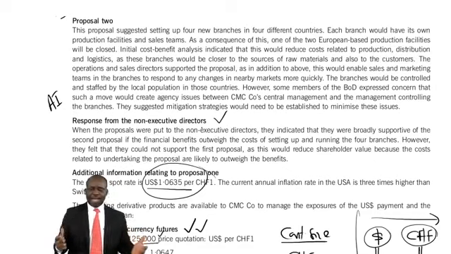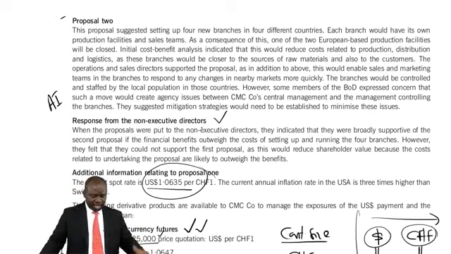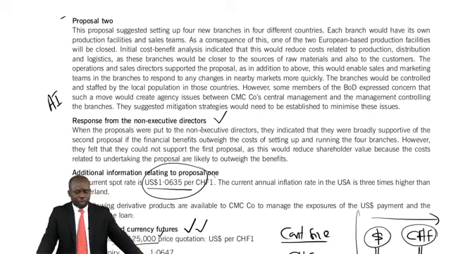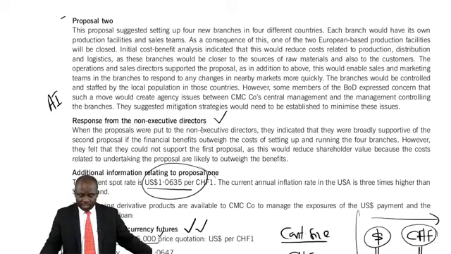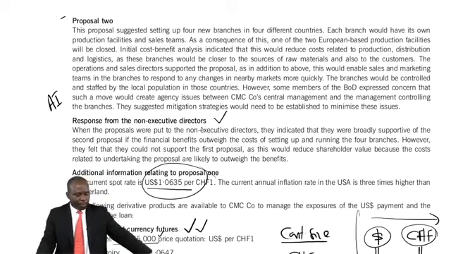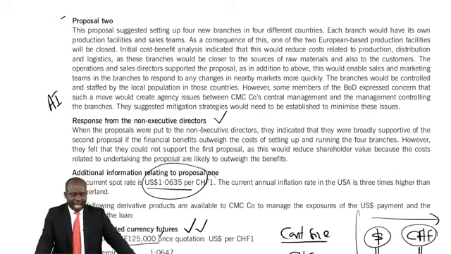The examiner did well by giving headings. That's why you didn't see me writing so many things. So we go straight. When the proposals were put to the non-executive directors, they indicated that they were broadly supportive of the second proposal if the financial benefit outweighs the cost of setting up and running the 4 branches.